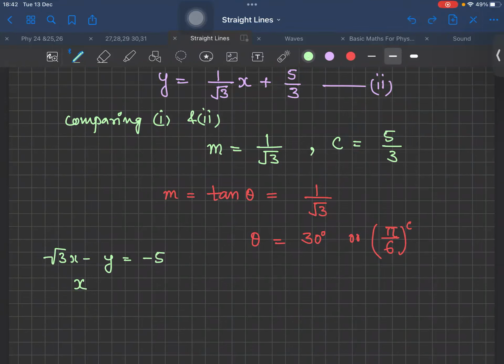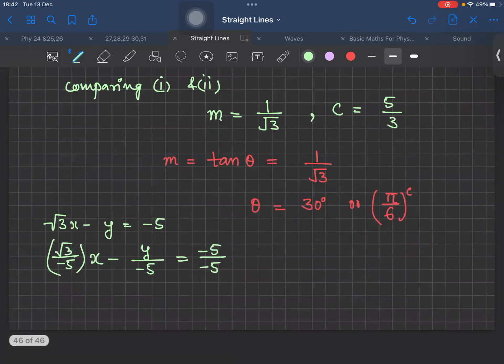Let's divide it by minus 5. So root 3 upon minus 5 into x, minus y upon minus 5, is equal to minus 5 upon minus 5.